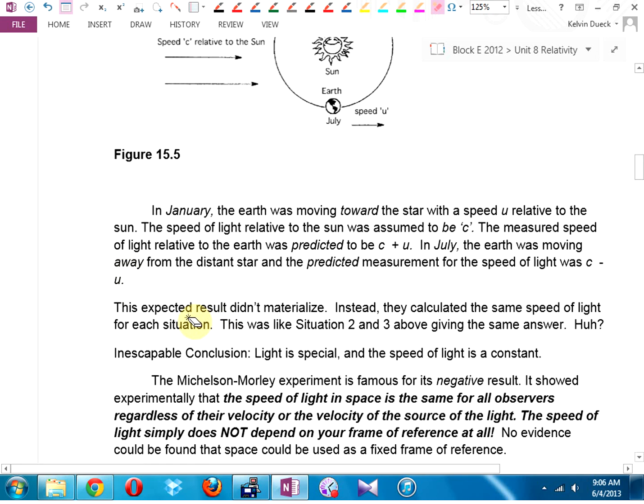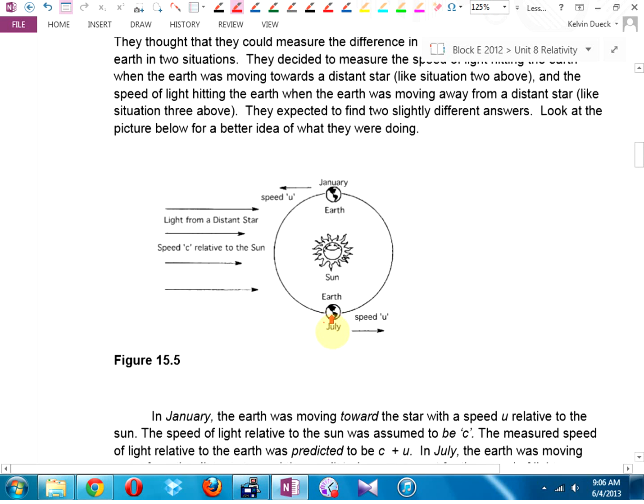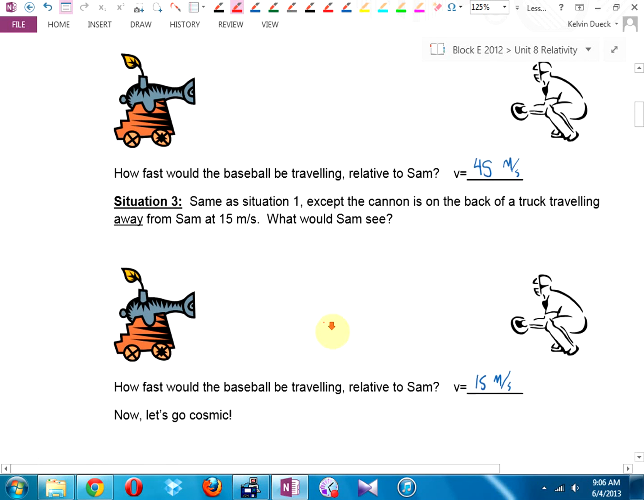But here's the bizarre thing. The expected result didn't materialize. Instead, they got the same answer for the speed of light both times. That would be as though you got the same answer for both of these situations.